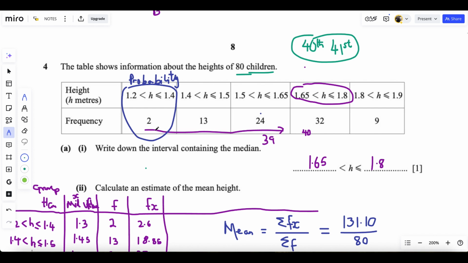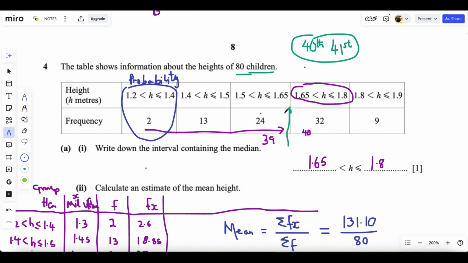So you look at the frequency starting from 2. Because this is grouped data, you cannot easily tell the median, so you have to add up. 2 plus this, you get 15, 15 plus this, you get 39. Up to this place is 39, still less than where the median class will be.